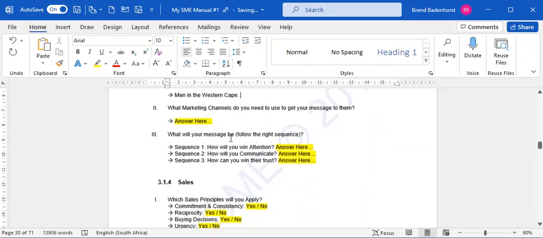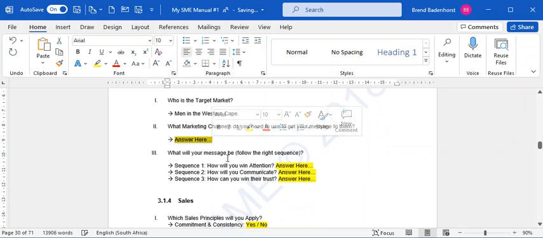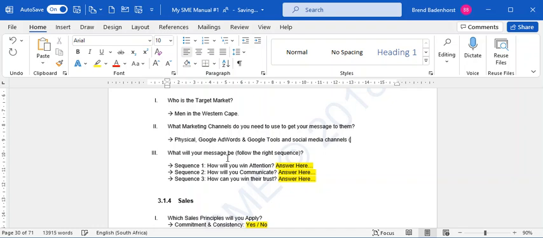The marketing channels I'll use to get to them will be physical, in the mall, and via Google AdWords and other Google tools like Google Maps, etc. I just want to note here as well that I will have a Facebook page and social media channels, but that's more for credibility purposes than anything else.